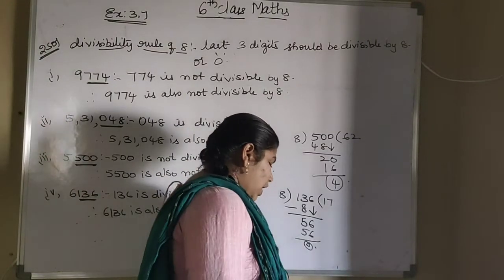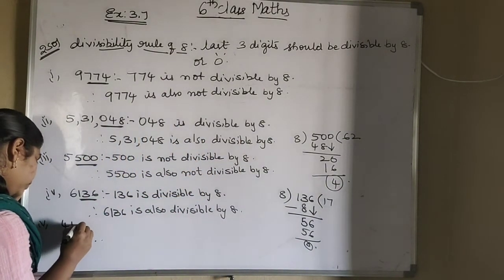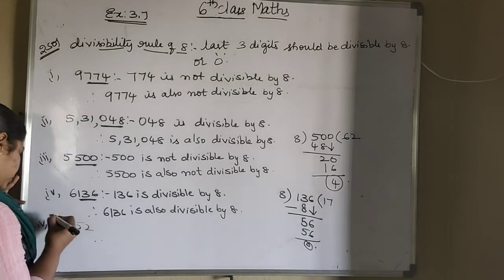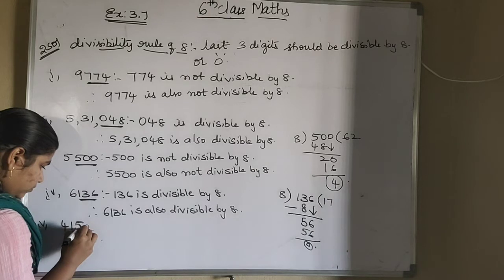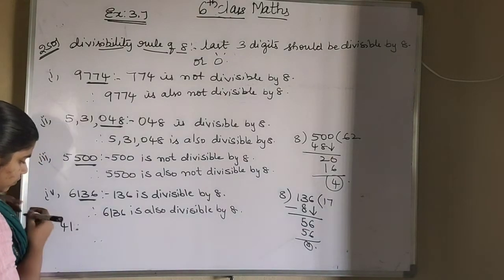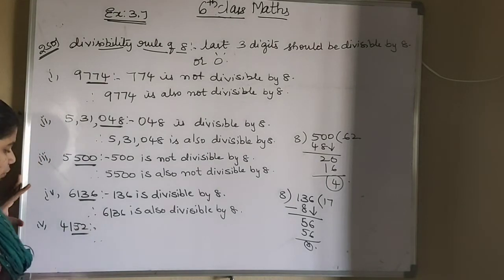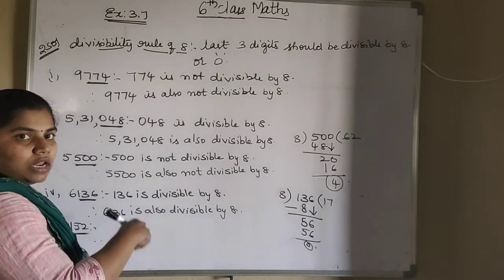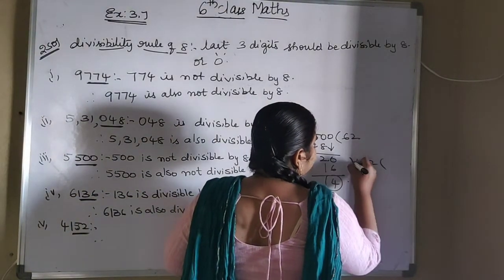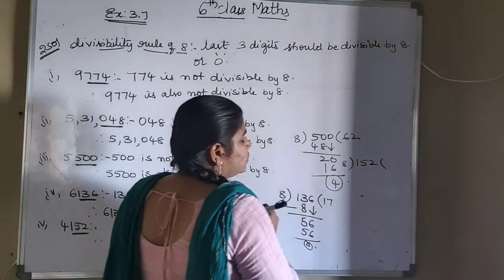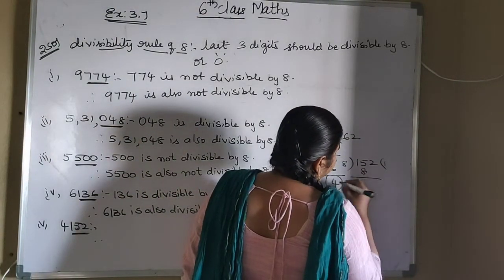And the last one now, 4,152. If 152 is divisible by 8, the whole number will also be divisible. So check 152 with 8. 8 2s are 16, so we will take only one time. 8 1s are 8.